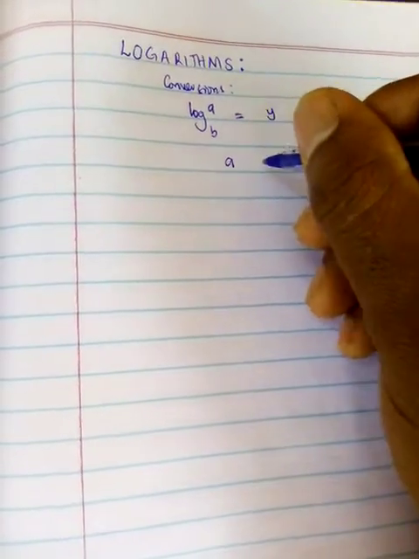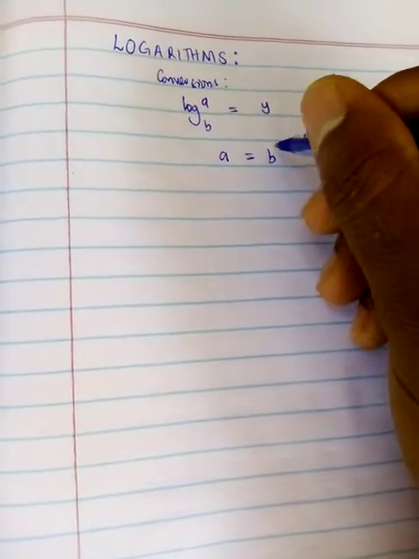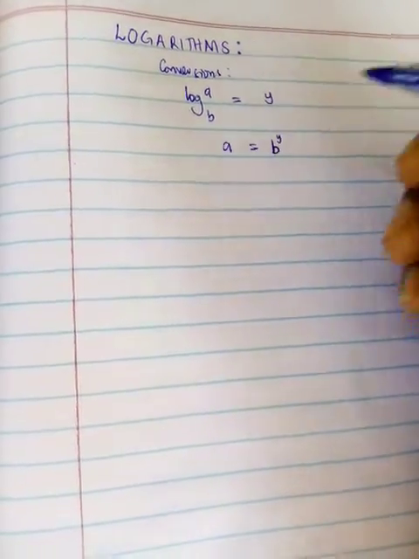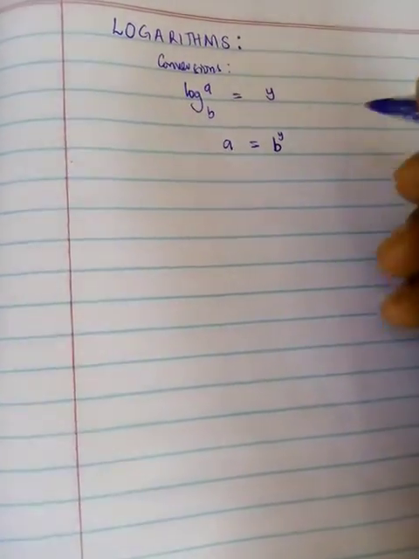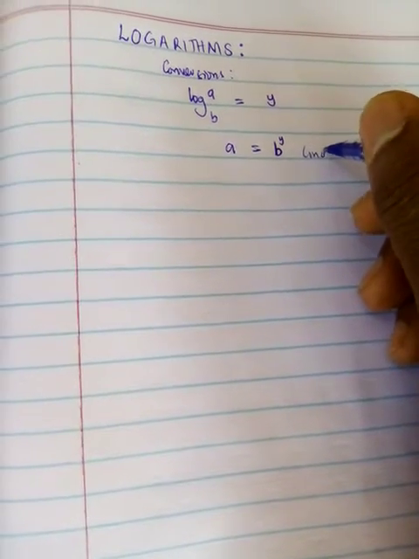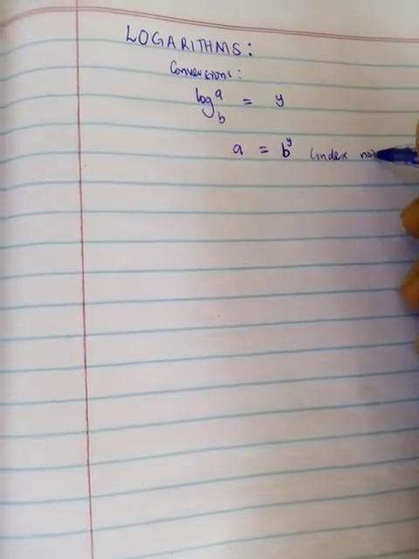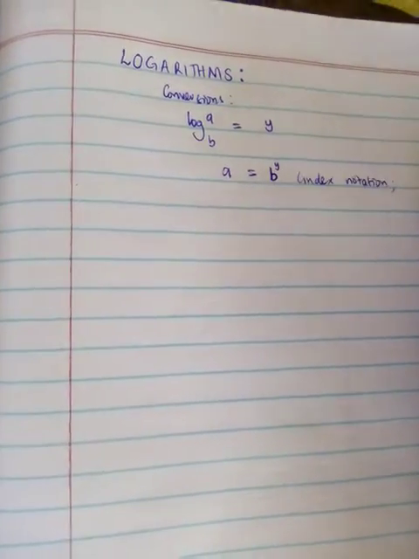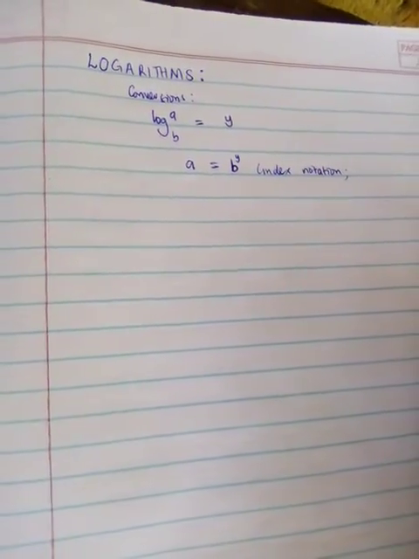So I have a is equal to b power y. This is the index notation, or the normal number notation if we eliminate the log.